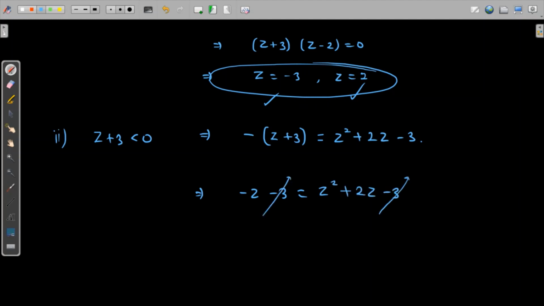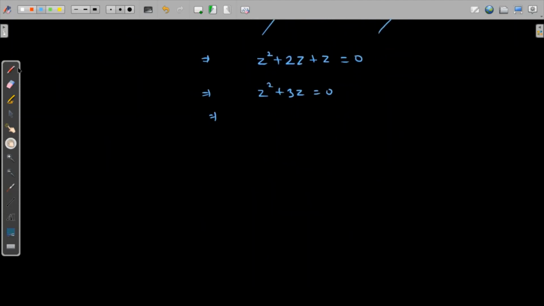The minus 3 and minus 3 cancel, and we have z square plus 2z, and bringing this over to the right, plus z, is equal to 0. This means z square plus 3z is 0, so if we take z as a common factor, we have z times z plus 3 is 0, which means the two values of z are 0 and negative 3.